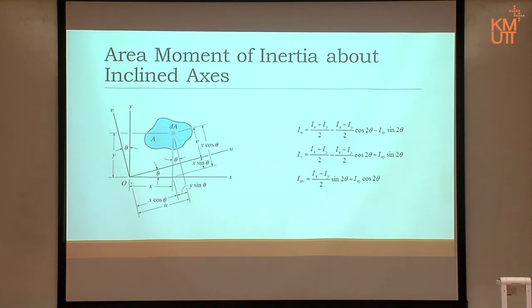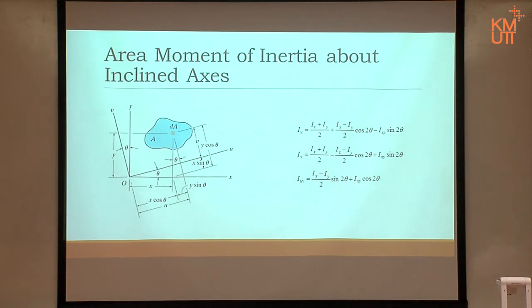IU only changes because the angle theta is changing. Now, we know as engineers that since theta is going around a circle, IU, IV, and IUV will go up and down like a circle.